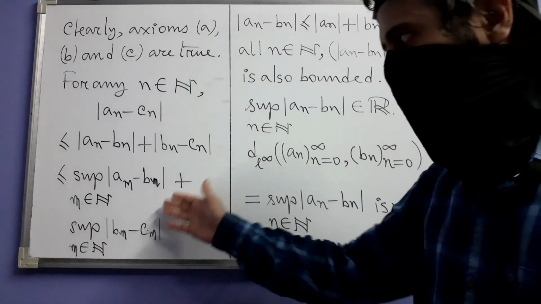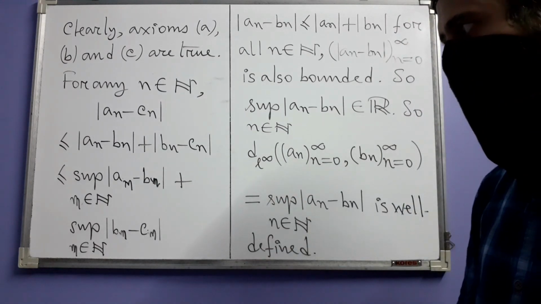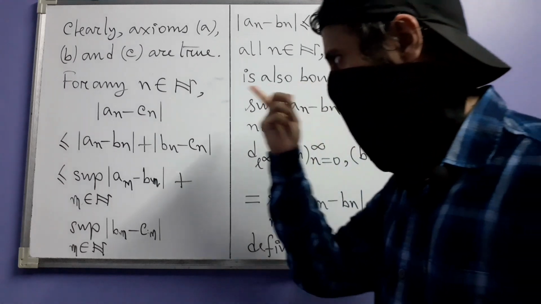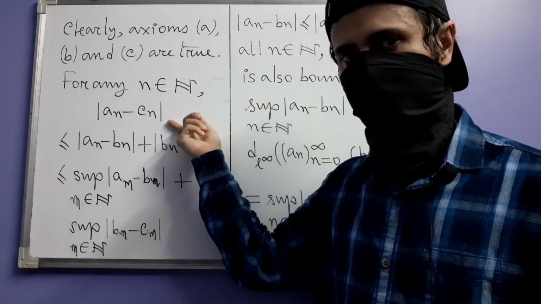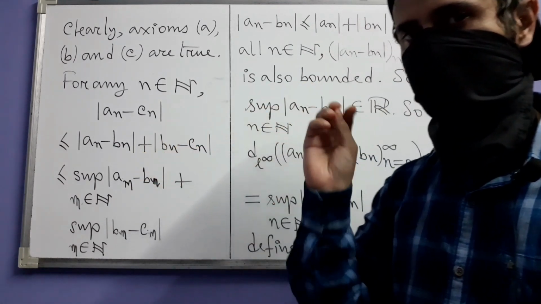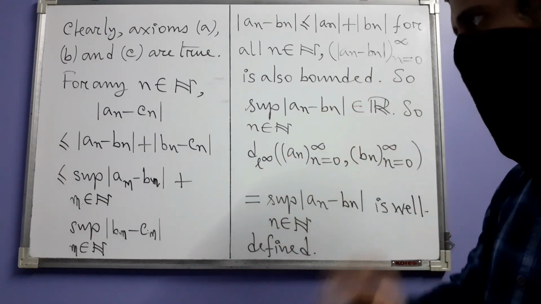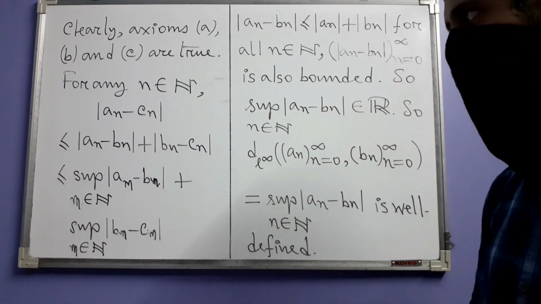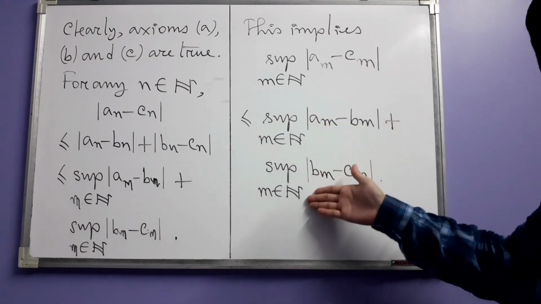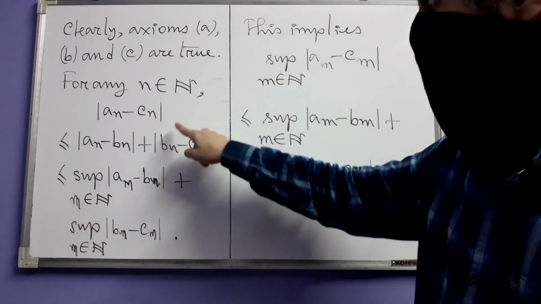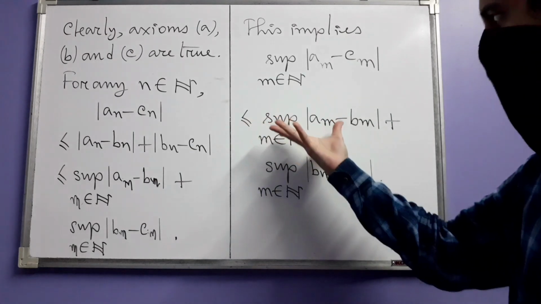So this upper bound will be greater than or equal to the least upper bound of that set, because the least upper bound is the least among all the upper bounds. So that means next we are going to get another inequality. So this is what we get. The supremum of such terms is less than or equal to this.